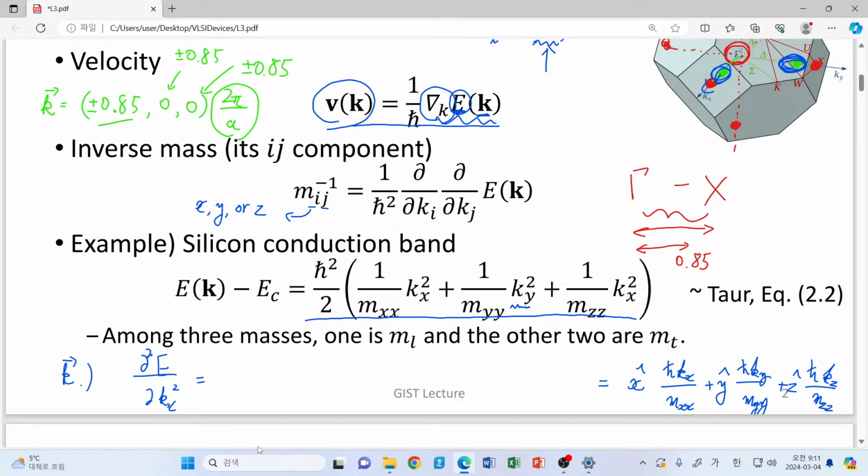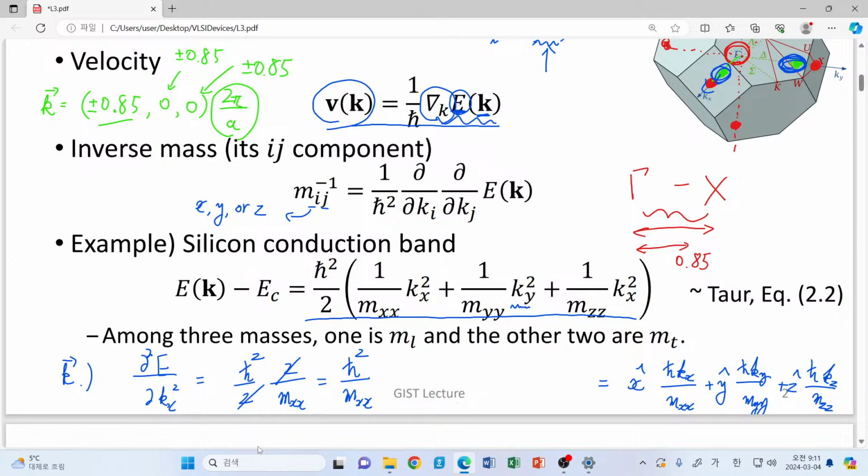Then you will find that when you take the second order derivative, this one just yields the number 2. So we will have just ħ squared over 2 m_xx, and these are also vanishing. So we will have this kind of result.